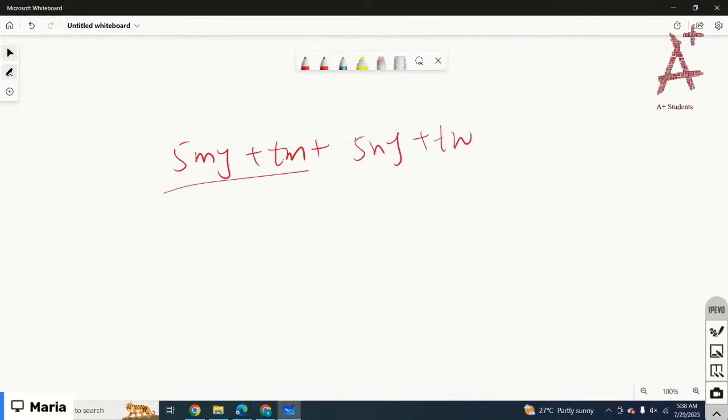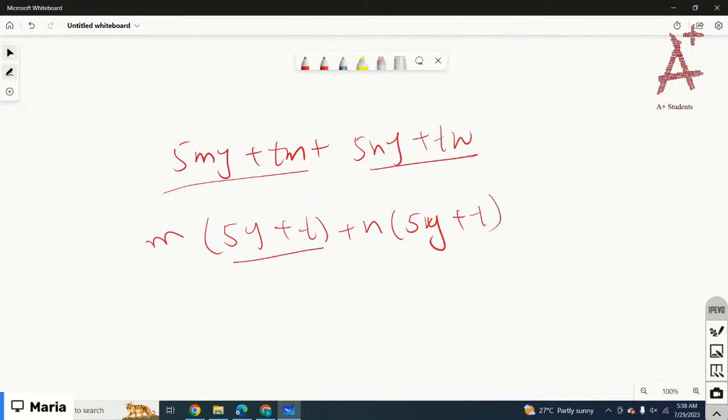You can take common m from here, you are left with 5y plus t. From here you can take common n and you are left with 5y plus t. So you can take 5y plus t as a common factor and you are left with m plus n. So the factors are (5y plus t) times (m plus n).